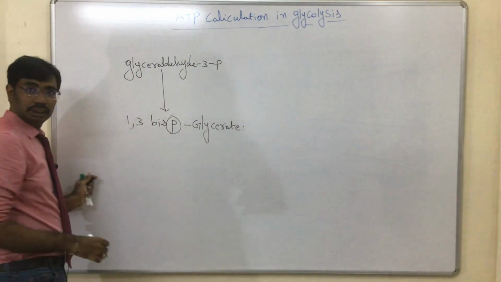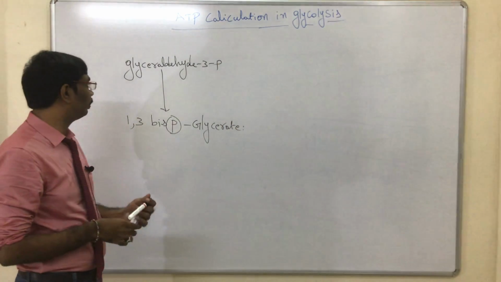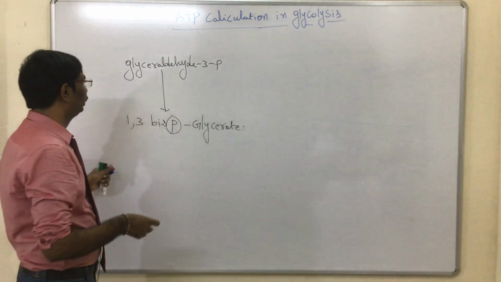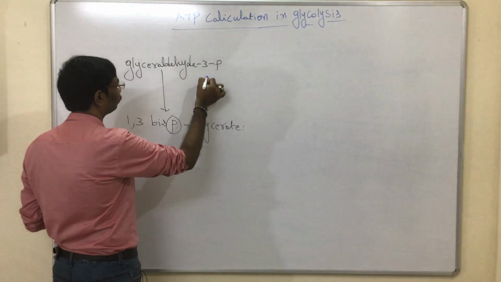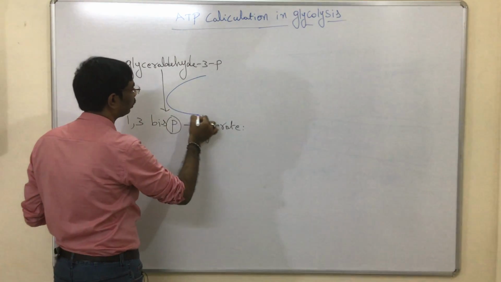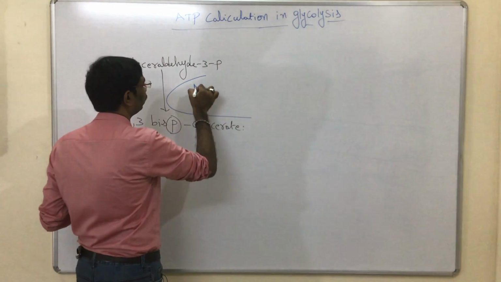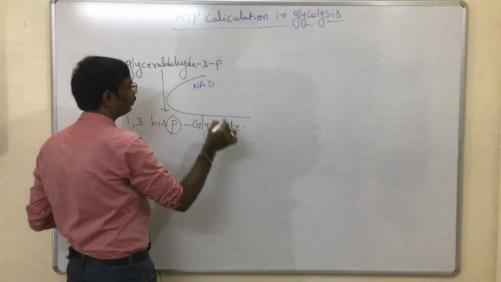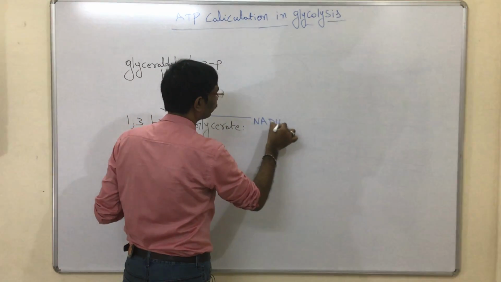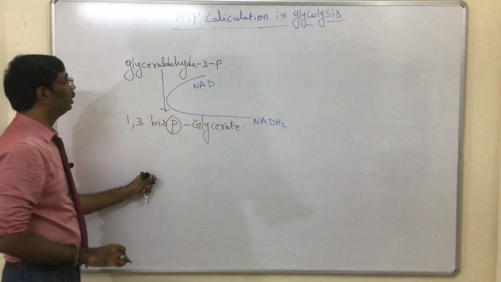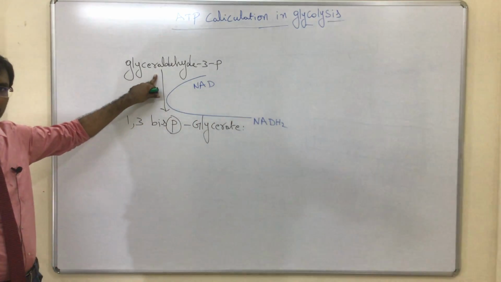Okay, so in this reaction, what chance to happen? NAD is converted into NADH2. How many glyceraldehyde 3-phosphate molecules involved in the reaction?